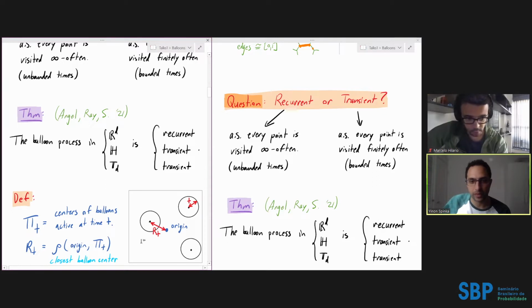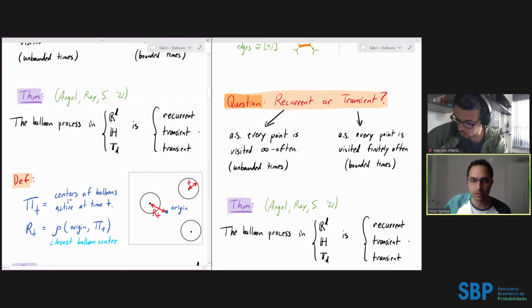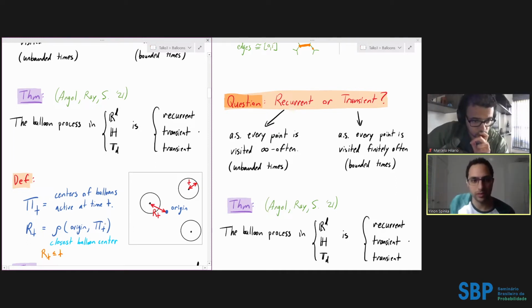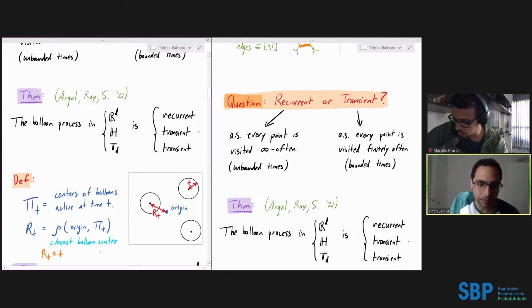Right, so at time t, we have some active centers. All of these are balls of radius t, and we let r sub t denote the distance to the nearest center of a balloon. In other words, the origin is covered by a balloon at time t if and only if r_t is less or equal than t. That means that the origin is covered at time t, and therefore the origin will be covered infinitely often.